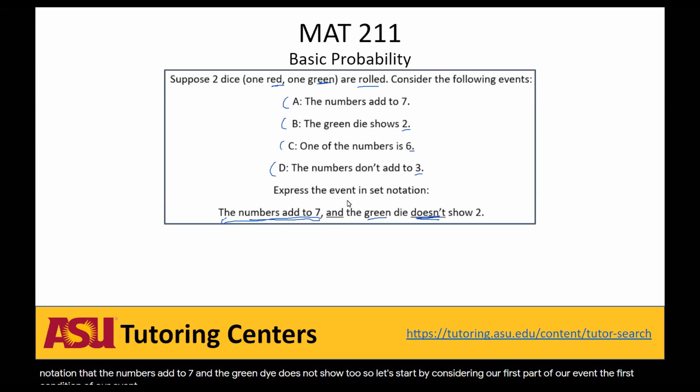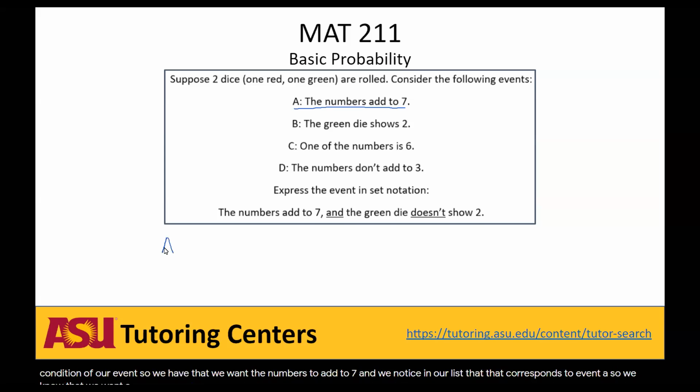We want the numbers to add to 7, and we notice in our list that that corresponds to event A. So we know that we want A to be in our set notation expression of this full event.